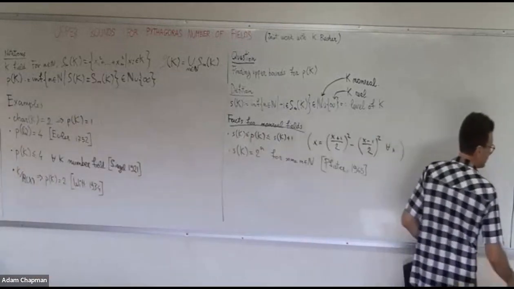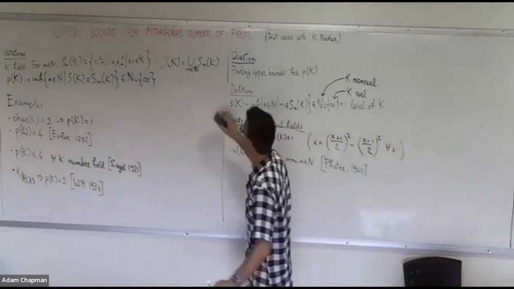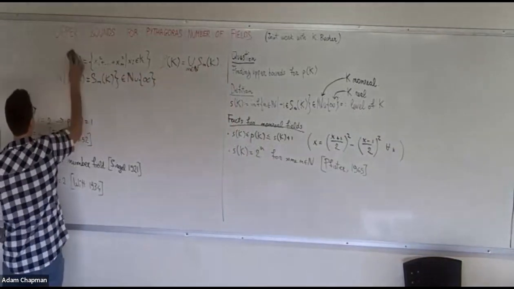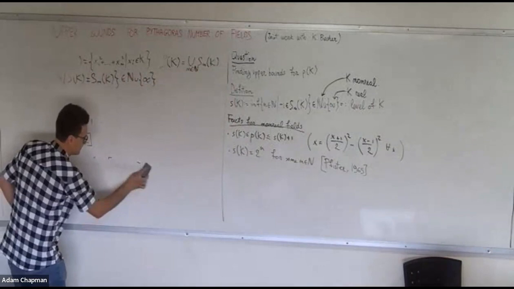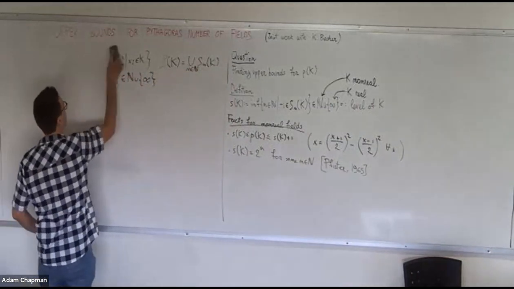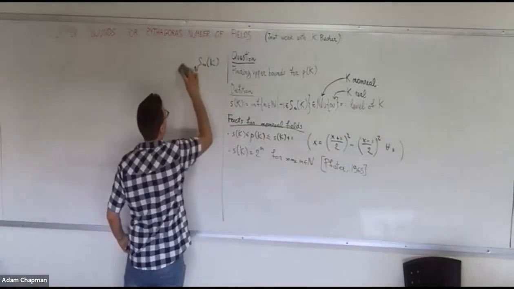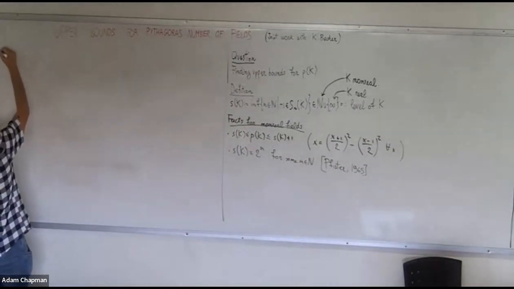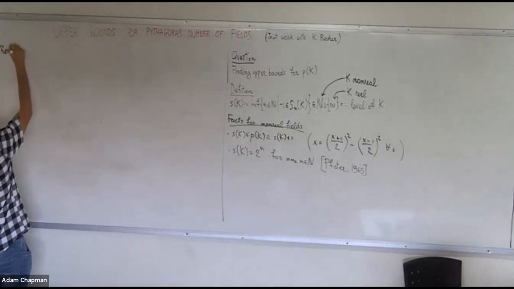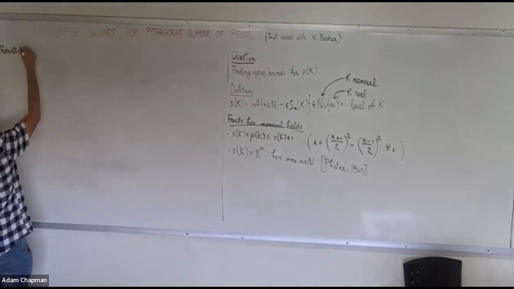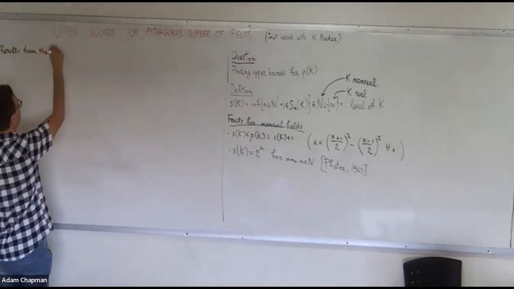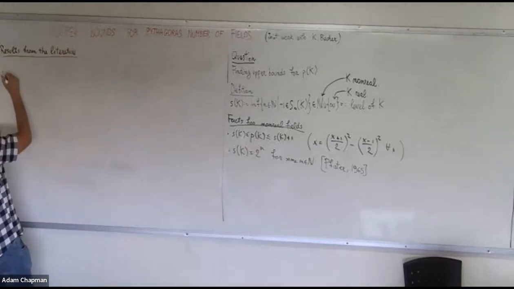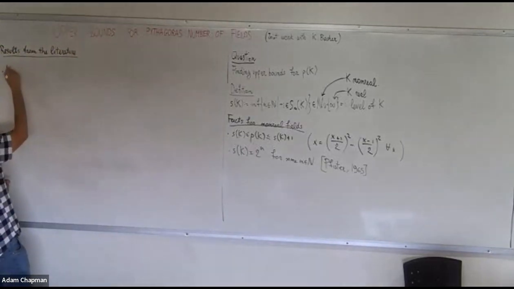So the first 2 upper bounds concern number fields again.